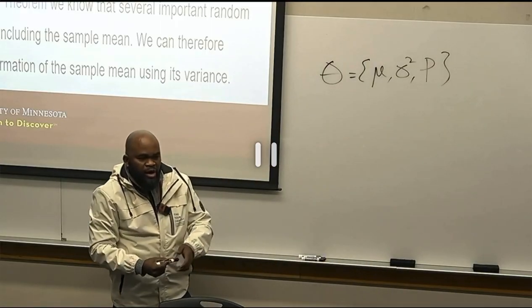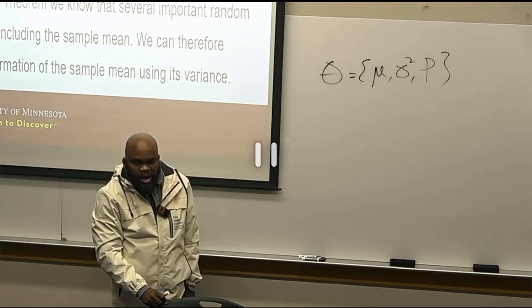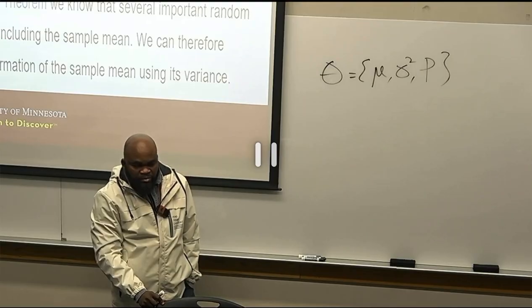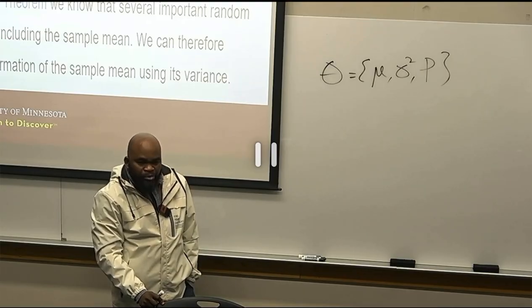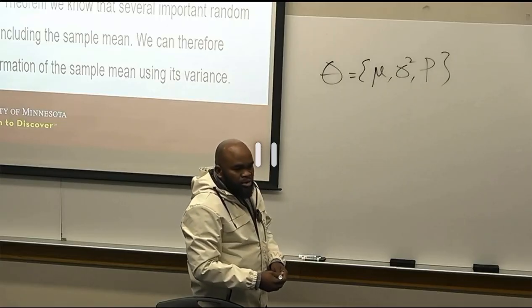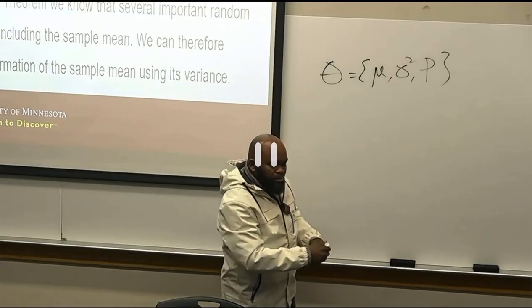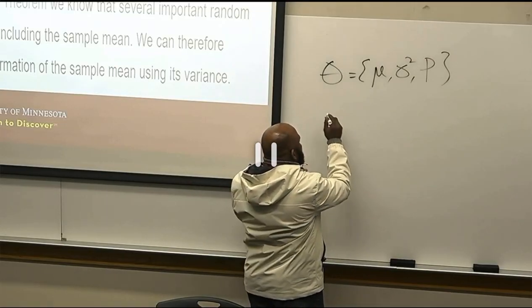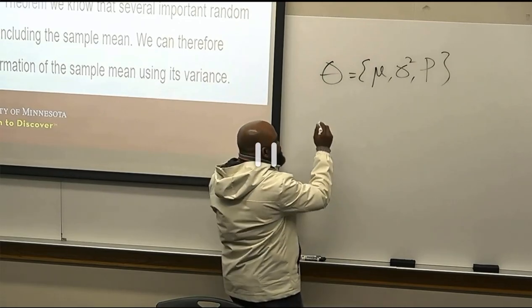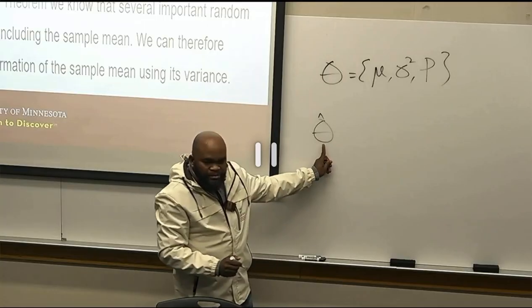But you know what? Because we do not have enough resources to go around the whole population, we are limited by budget, we normally take a sample, okay? When you take a sample, you actually want to estimate this from the sample, and you need a formula to estimate from the sample. So I'm calling this an estimator.